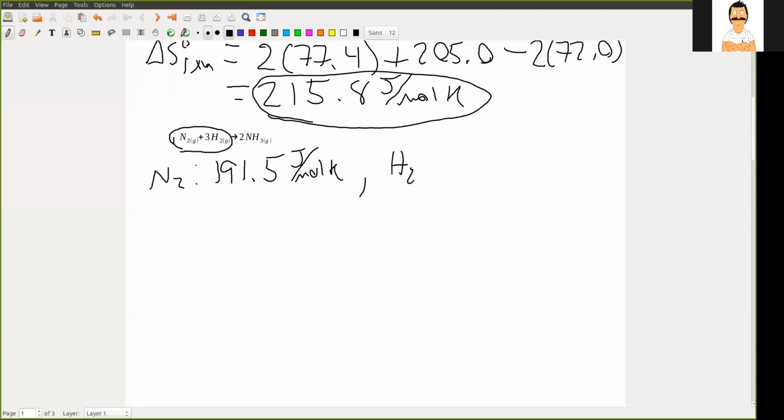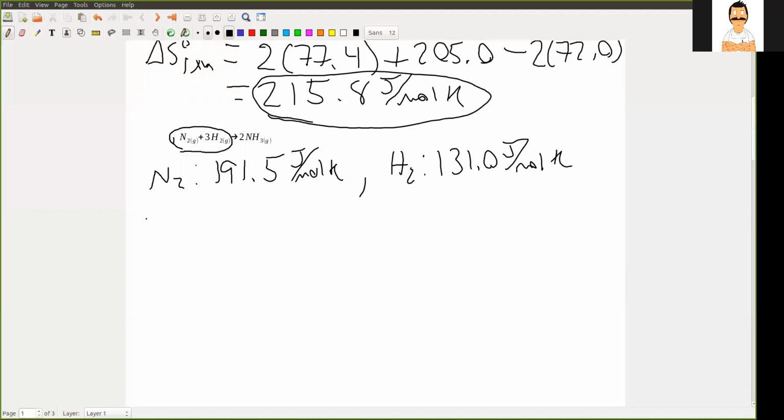For H2, hydrogen, again taken from a resource, whether it be the back of your textbook or online, however you're going to find it. In Chang, it's in the appendix in General Chemistry by Chang. So this is 131.0 joules per mole Kelvin.